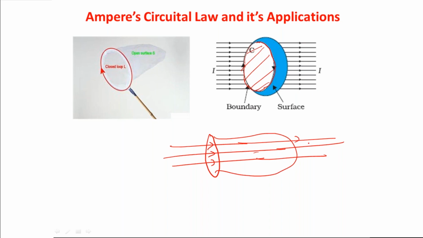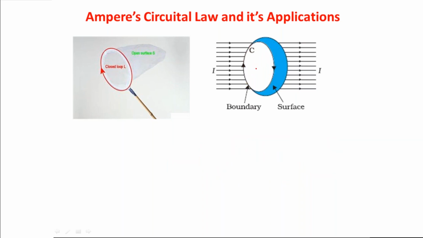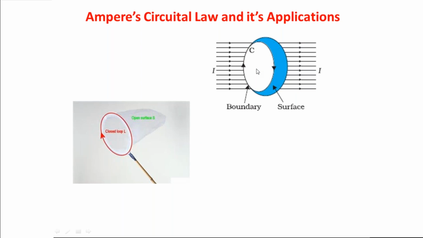If the current is passing perpendicular to this closed boundary, like this, and passing through the surface, then you can apply Ampere circuital law.